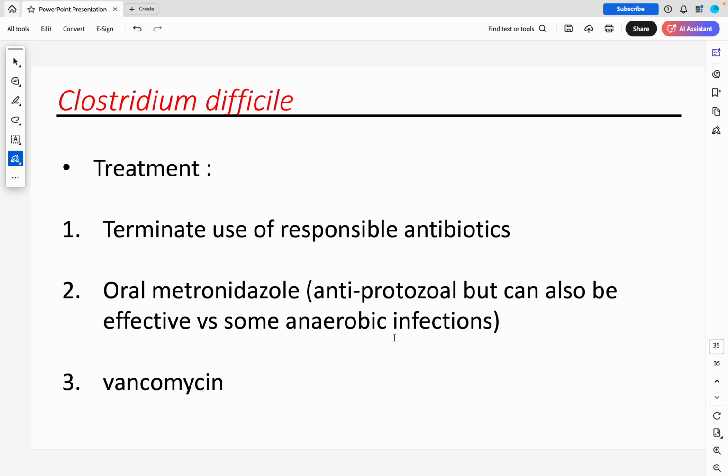Oral metronidazole is also used. Metronidazole is actually an antiprotozoal, but can be effective in countering anaerobic infections. And also there is vancomycin as an antibacterial.